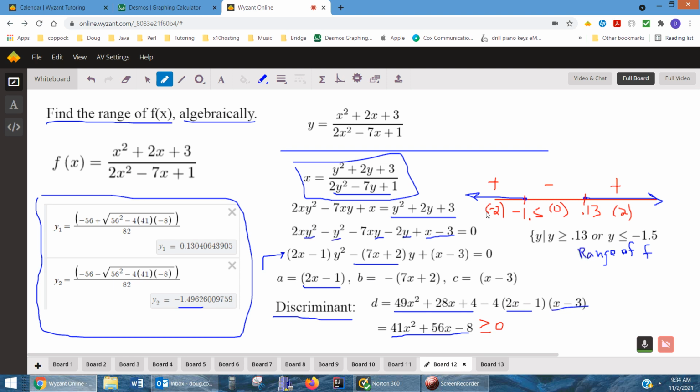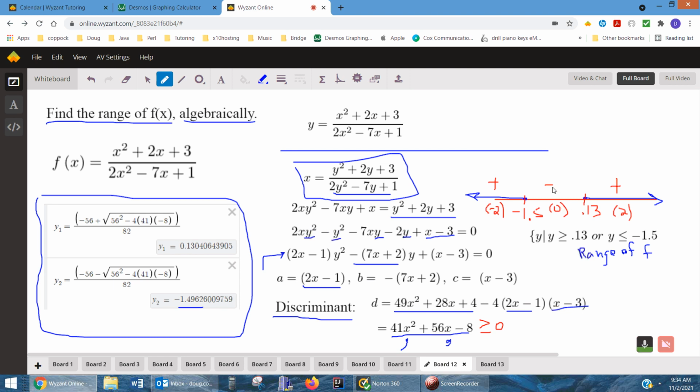And then I use test numbers in each interval to determine whether values in that interval produce positive values or negative values. In other words, if I put negative 2 in for this x, I get a positive number. And that'll be true for any numbers to the left of negative 1.4962.